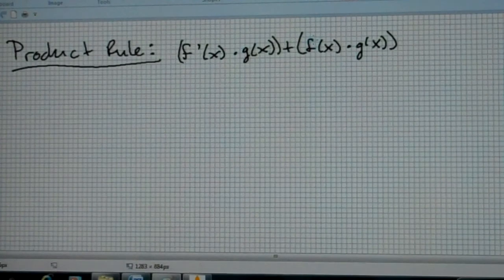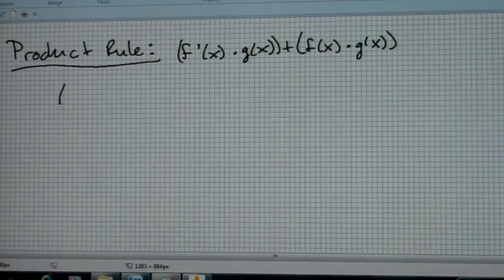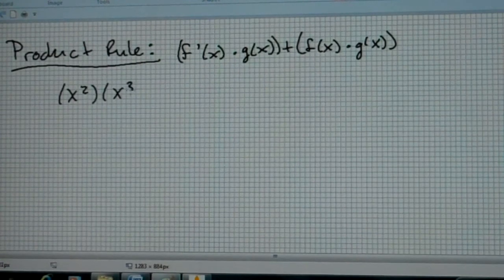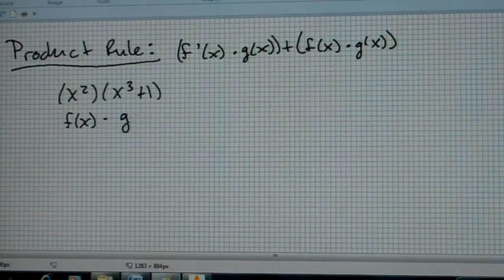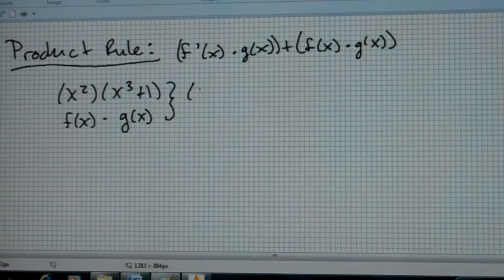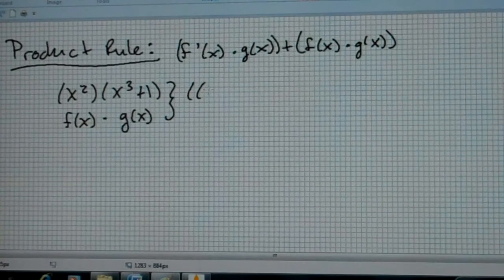Now, the first example that we have is going to be x squared times x cubed plus 1. So this is going to be our f of x, and this is going to be our g of x. So here, what we do is we take the derivative of f of x, which is 2x, and then we multiply it by just regular g of x, which is x cubed plus 1.